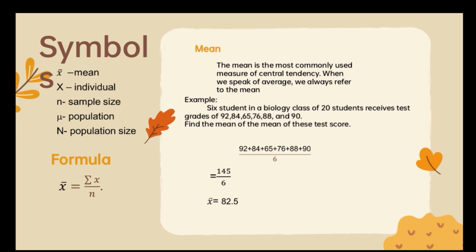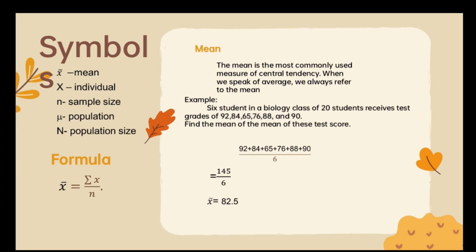According to the formula, mean is equal to summation of x over n, so we input all the data: 92 plus 84 plus 65 plus 76 plus 88 plus 90, all over 6, because we have 6 data points.